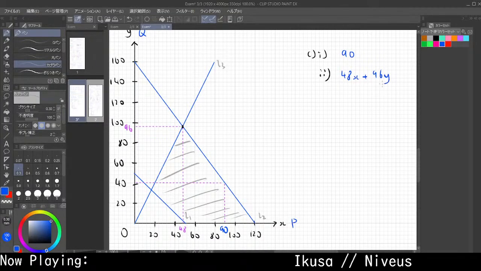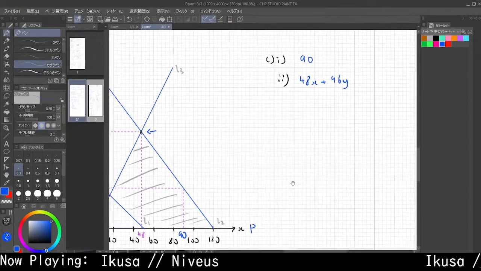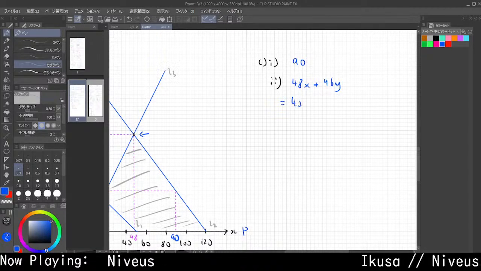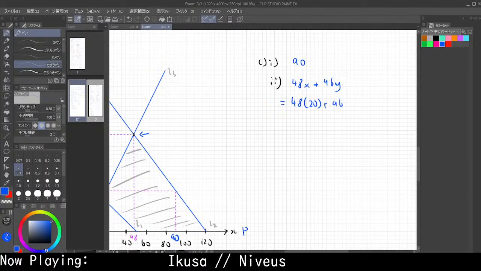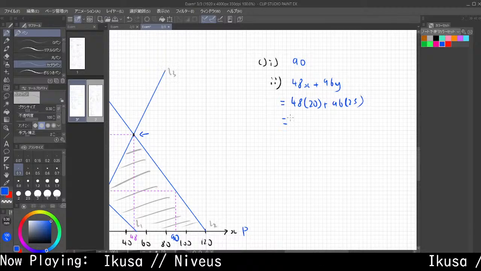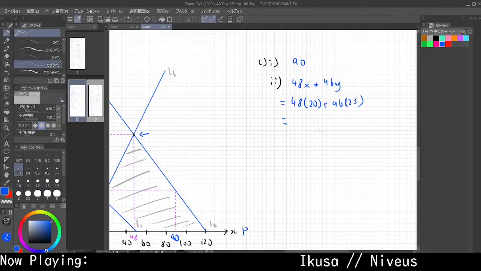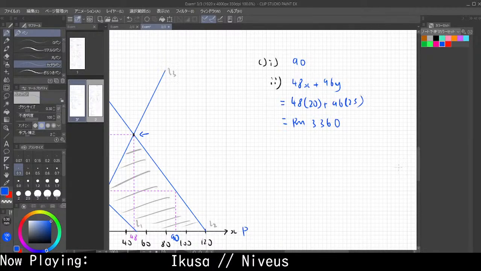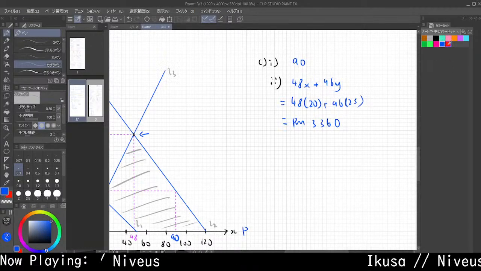So for the maximum, you just take the topmost point, the highest point of the entire region, which should be this point over here. Okay. So just plug in your numbers. 48 times your profit in this case is 20 plus 96 times 25. Just calculate it out. You should be able to get RM 3360. Okay, so this will be that, and therefore that will be the answer.